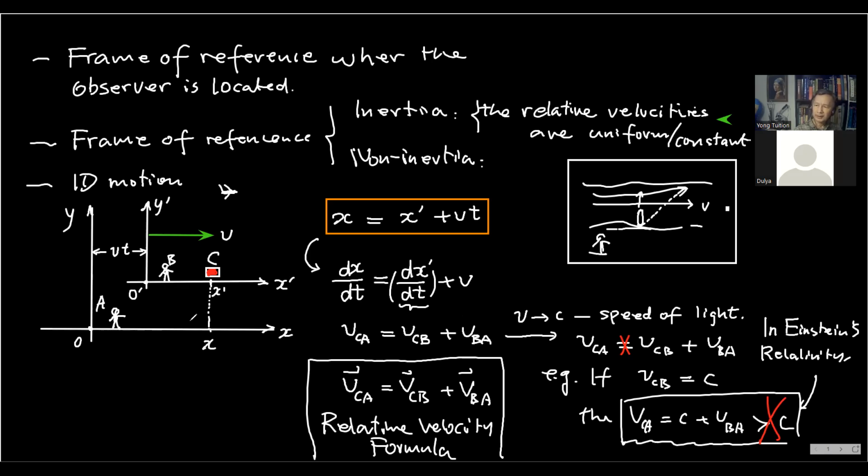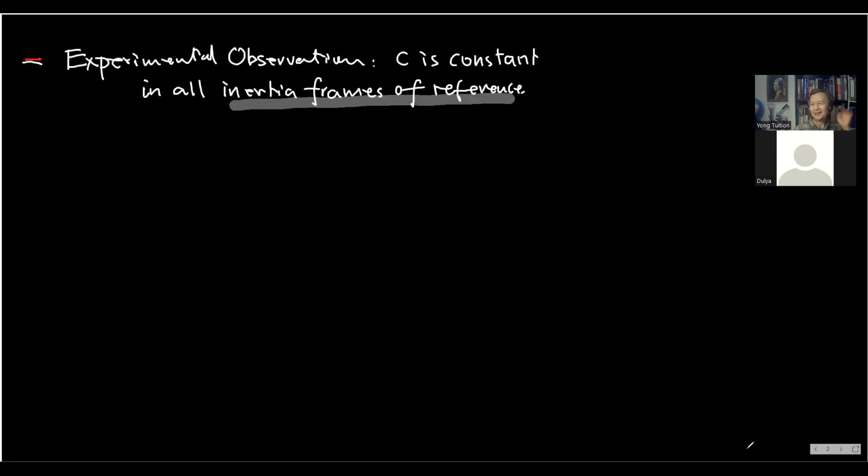Do you agree? However, hypothetically, if this velocity reaches C, according to Einstein, according to experimental observation, the velocity is the same. That is something very anti-intuition, right? So this experimental observation is also used by Einstein.